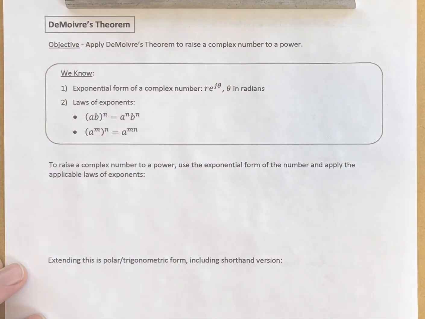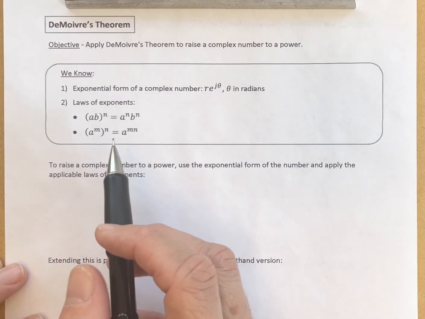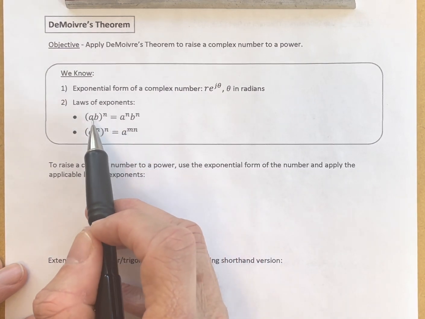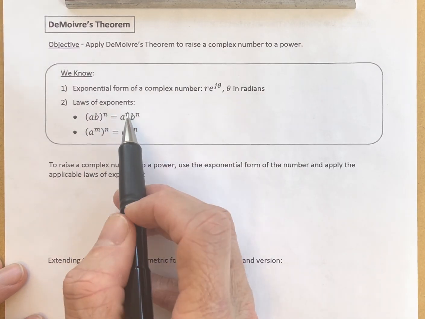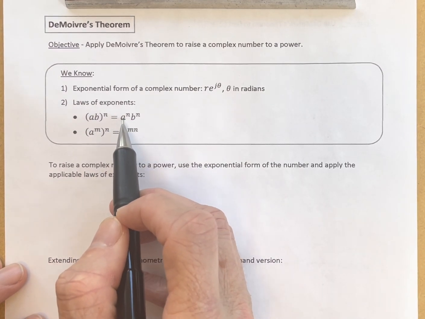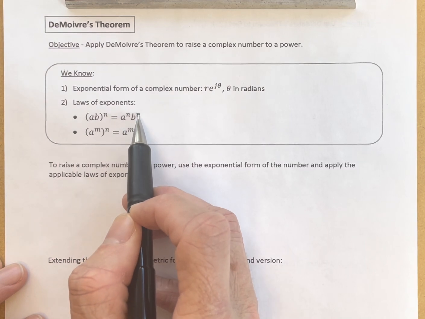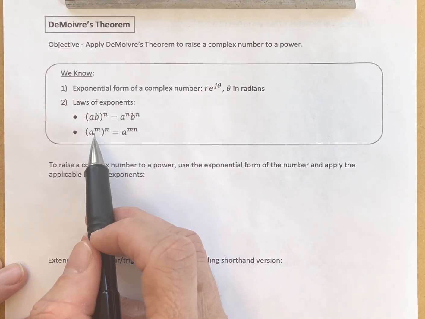And we have two laws of exponents that we're going to apply at the same time. (ab)^n, the product raised to an exponent, is equal to the individual factors raised to the exponent and then multiplied.